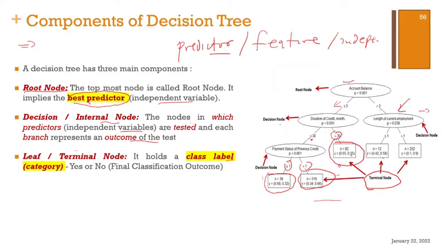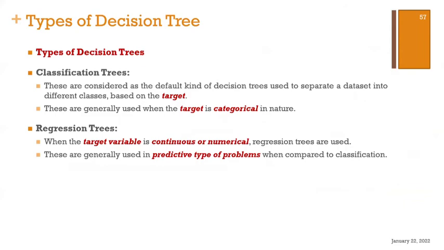These are the components of decision tree. We have the root node, decision or internal node, and the leaf or terminal nodes, which contain the class that you have assigned to. Now, decision tree has majorly, of course, two types. So we have the classification and the regression tree. Classification is the most popular one, so it is considered the default kind of decision tree.